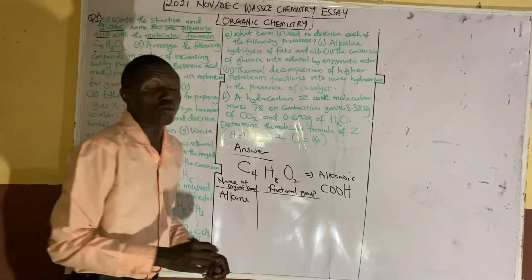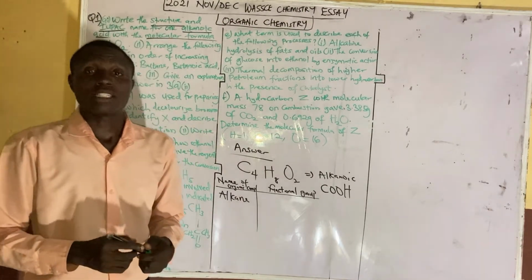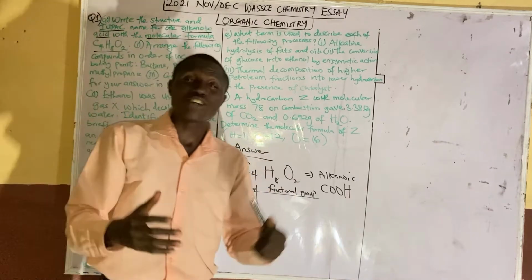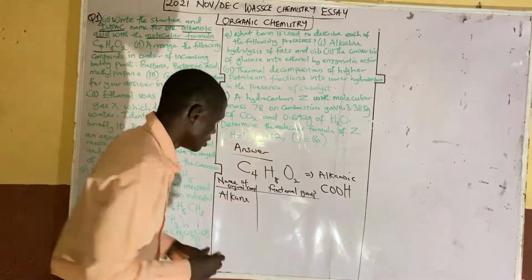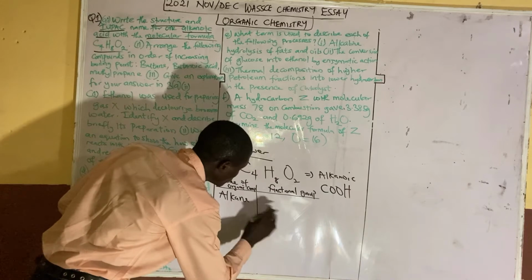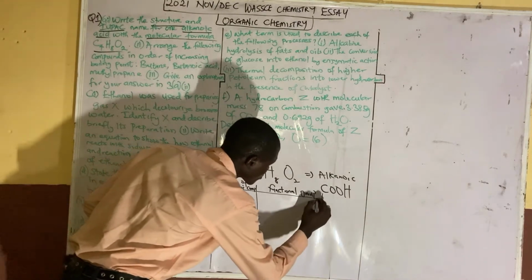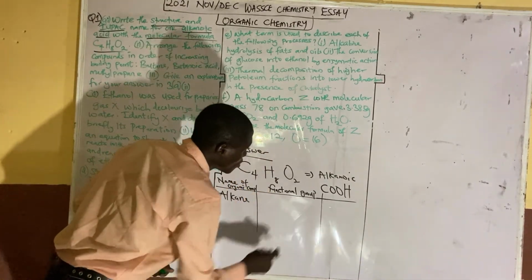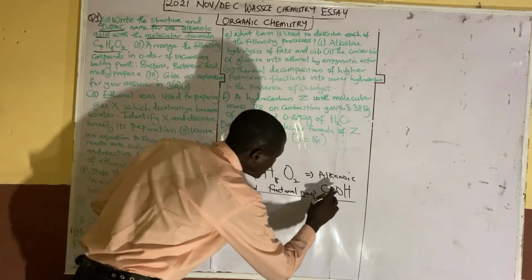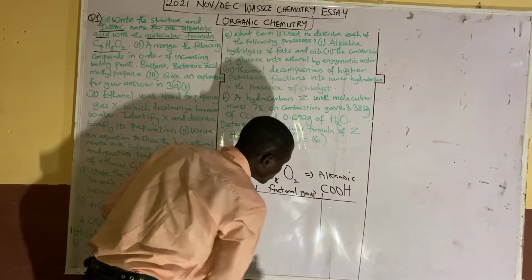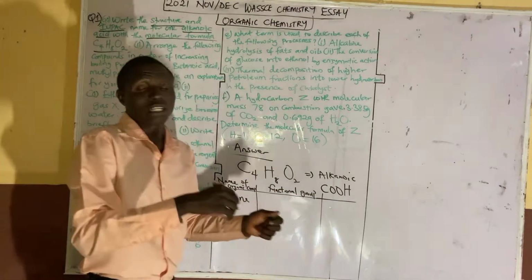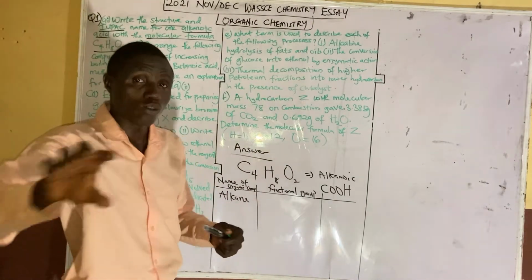Alkane is a saturated hydrocarbon. Saturated hydrocarbon means hydrocarbon with single bonds only.